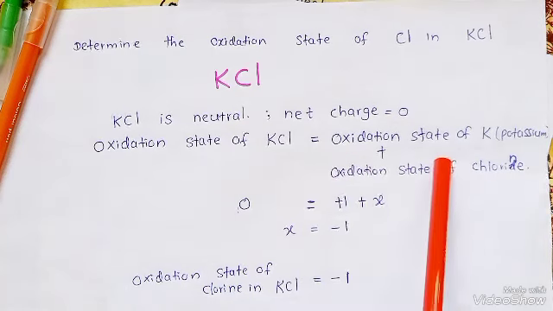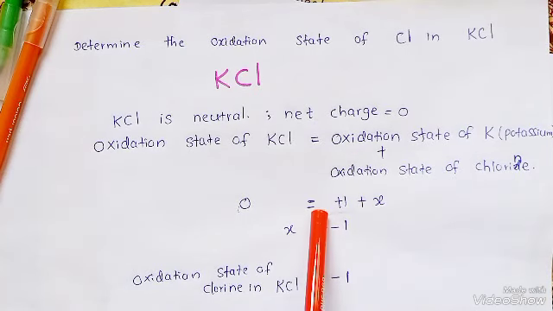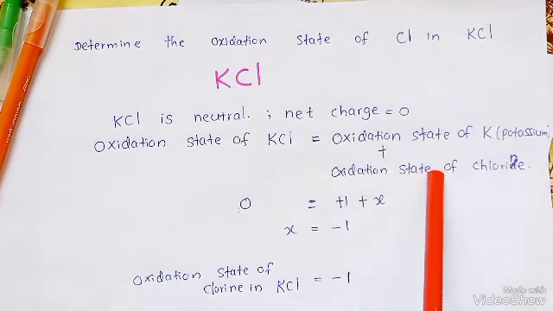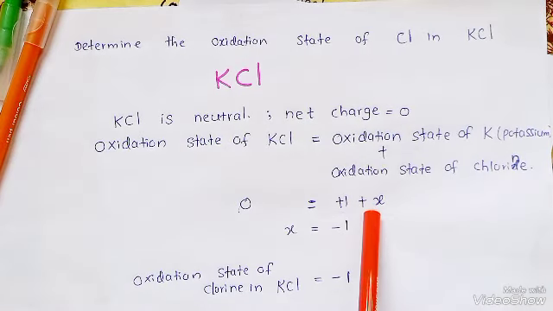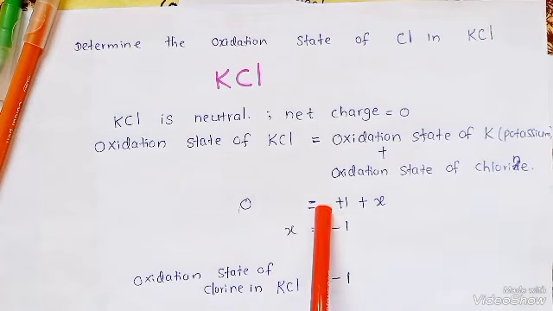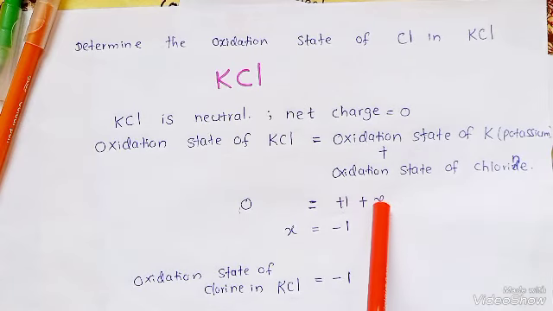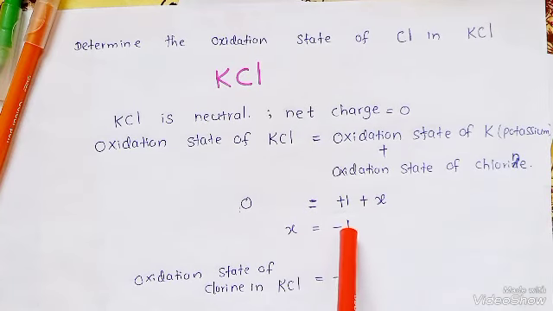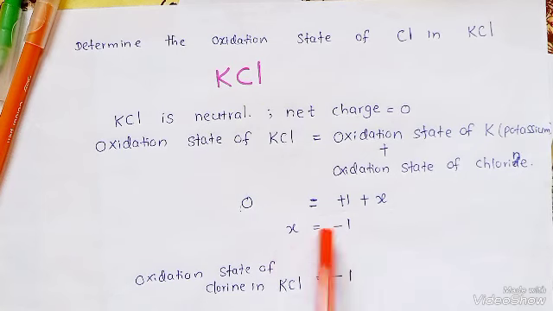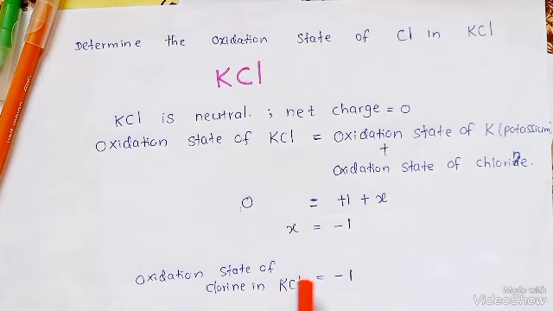Oxidation state of potassium is +1 because it is a group 1 element, and the oxidation state of chlorine, let's say X. So 0 equals +1 plus X. X is equal to -1. So the oxidation state of chlorine in potassium chloride is -1.